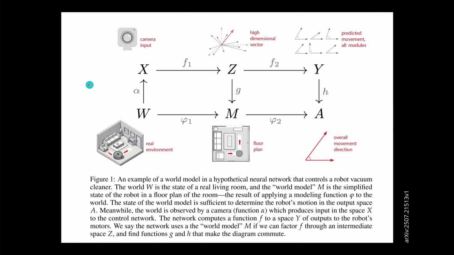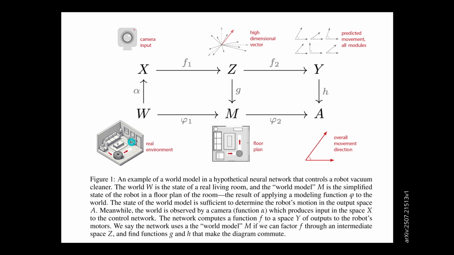And they give us a beautiful example. They say, hey, listen, we have a real environment and we have a Roomba, and great. So let's try to understand what is happening here. What is the world model in the eyes of the Roomba, in this neural network, this robot vacuum cleaner? And they build a beautiful logical chain.